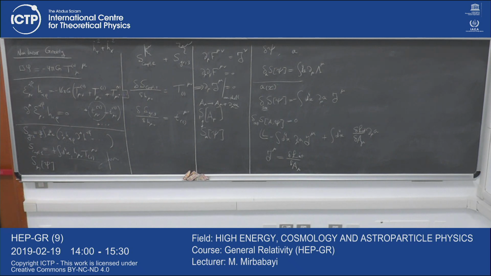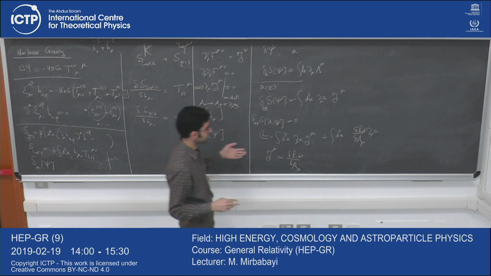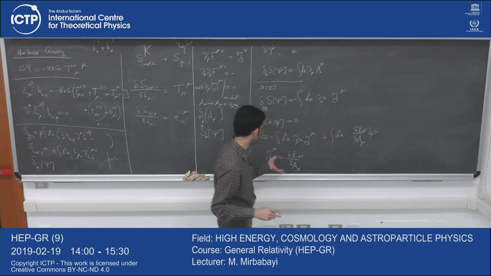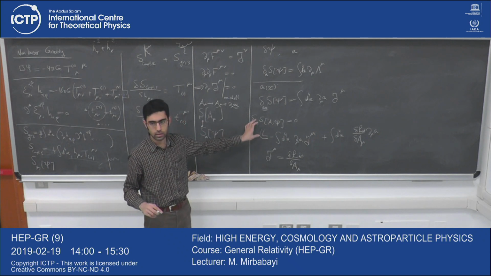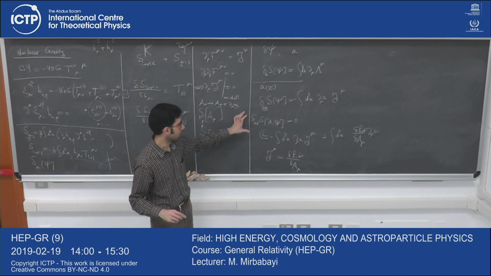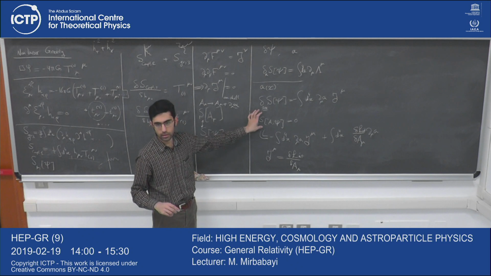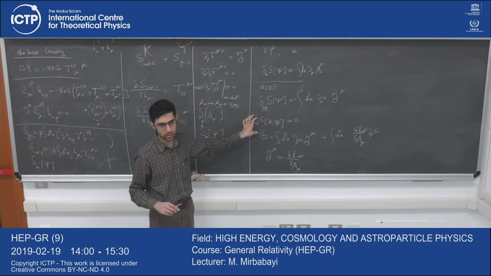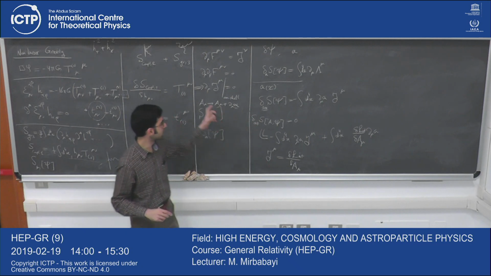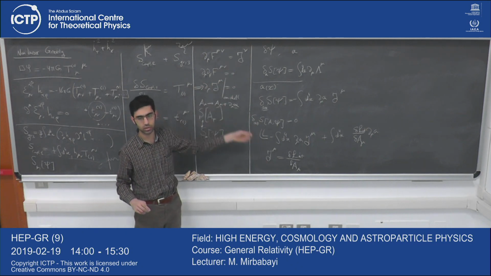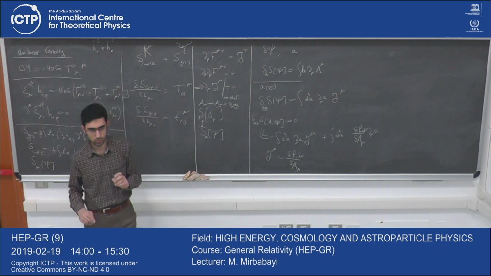So if I construct the action in this way, then I have succeeded in making the action invariant under this gauge symmetry. But moreover, what appears now on the right hand side of the equation will be a conserved current.